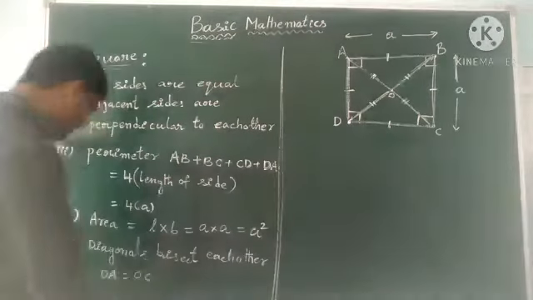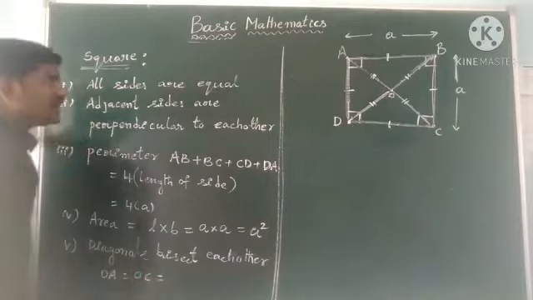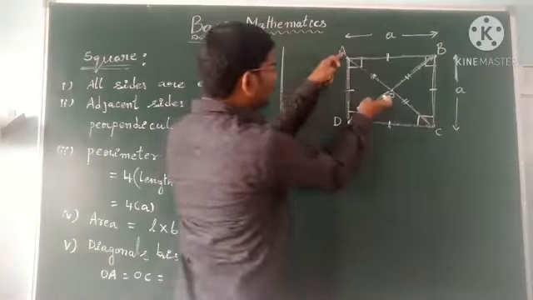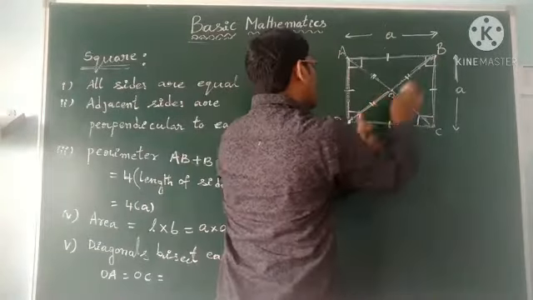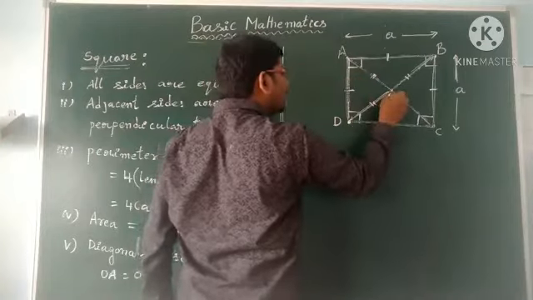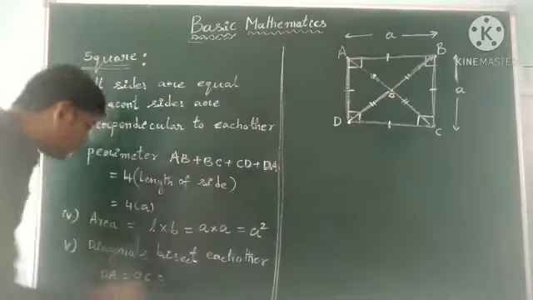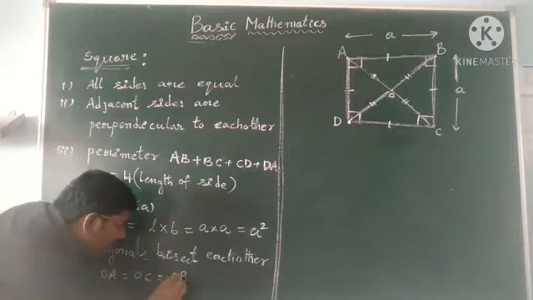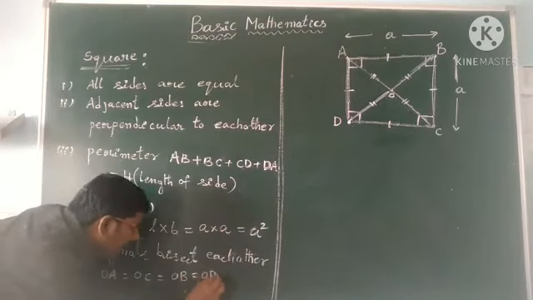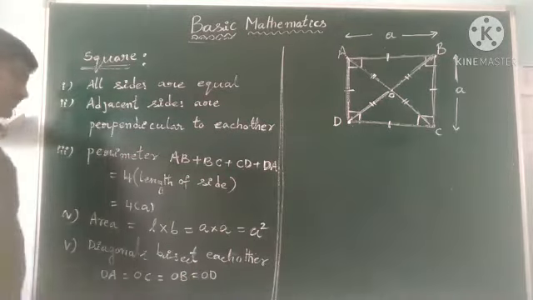So OA is equal to OC, and OB is equal to OD.